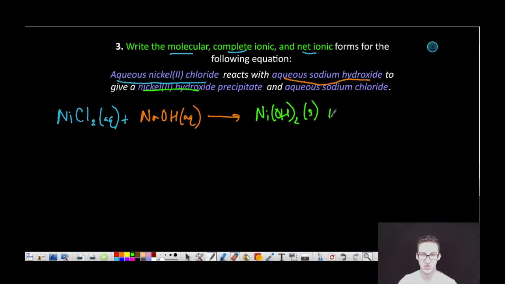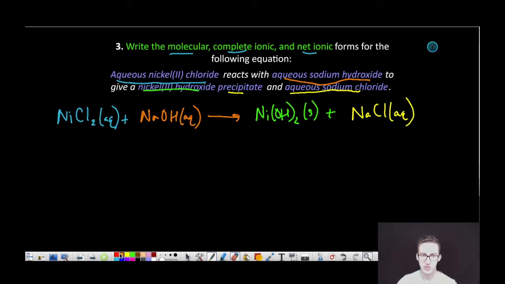Again, that comes from those solubility rules that are in my noggin from years and years of study. And then lastly, aqueous sodium chloride. Oh, just kidding, it tells me. Oh, man. Aqueous sodium chloride. It's going to be our second product here.